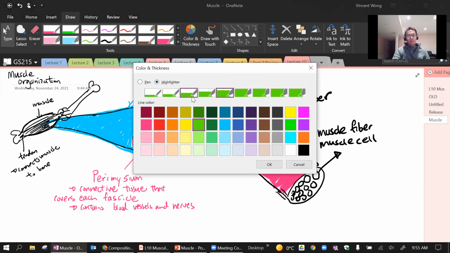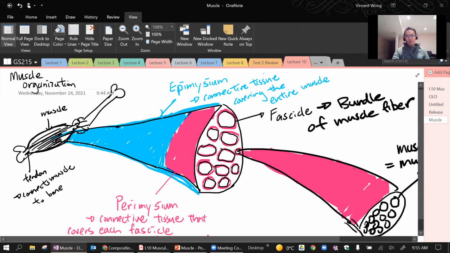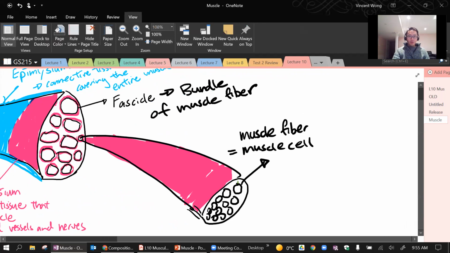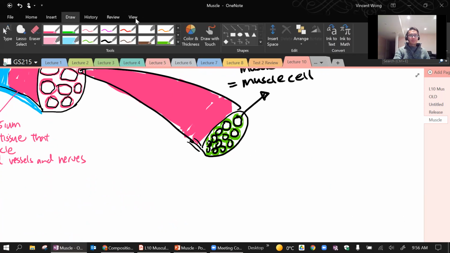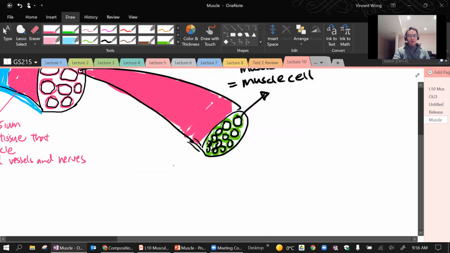Now, I know this is getting confusing, perhaps, but if we take a look at the muscle cells, each of the muscle cells is going to be surrounded by another layer of connective tissue, which is shown here by the green. That layer that I'm drawing is called the endomysium.